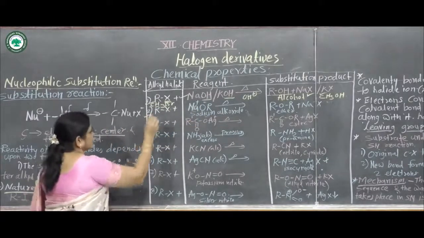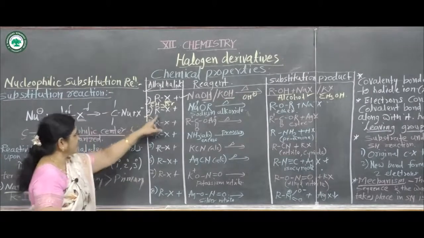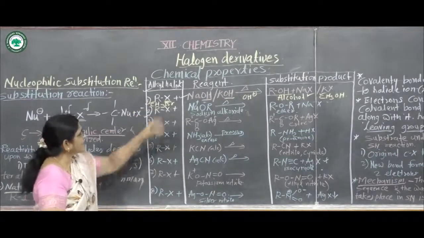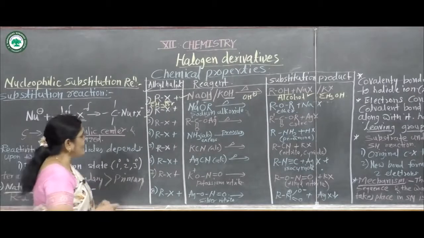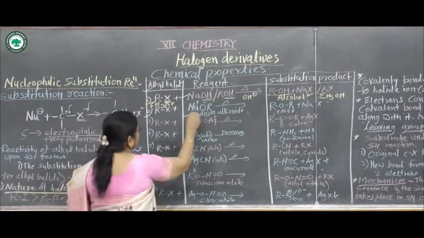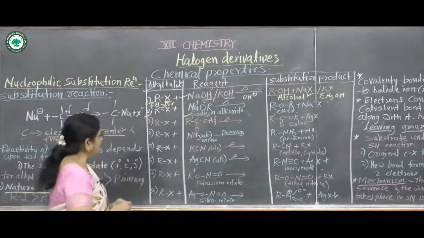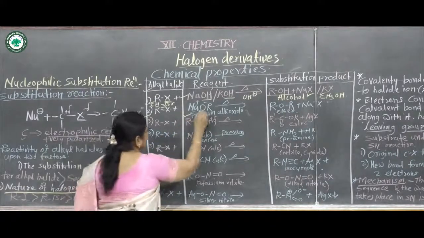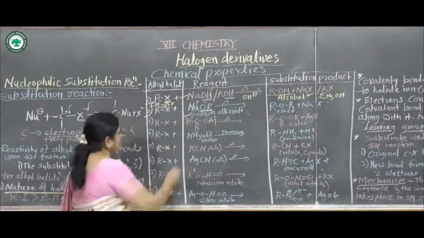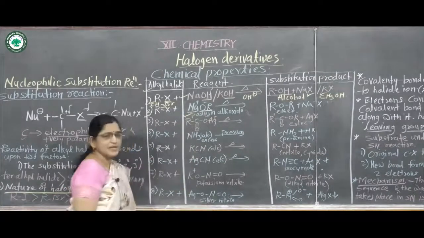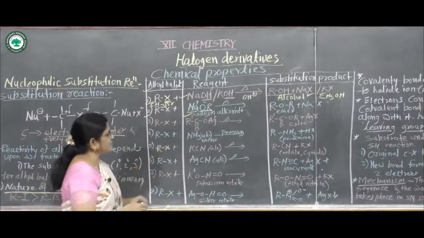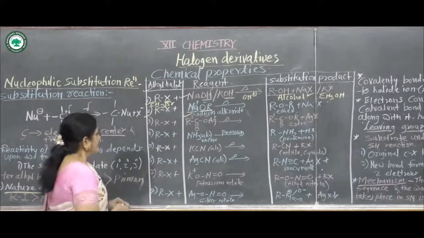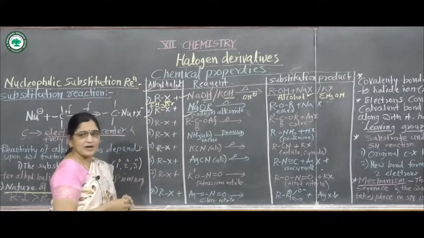Then the second reaction, again RX, where RX means alkyl halide. If this RX reacts with sodium alkoxide, having formula NaOR, where OR means the alkoxy group. If this alkoxy group is attached to sodium, it is named sodium alkoxide.